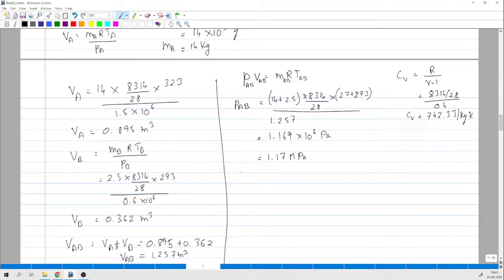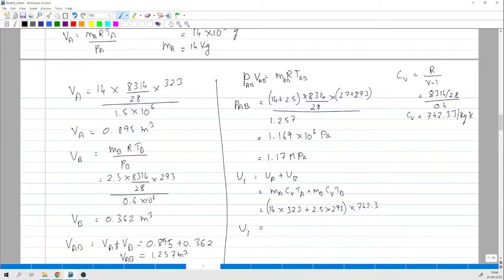Now the initial internal energy is UA plus UB, which is MA CV TA plus MB CV TB. MA is 14 kg. CV we can take common outside, and we know TA is 323 Kelvin plus MB is 2.5 into TB is 293 Kelvin, into CV, which is 742.3.